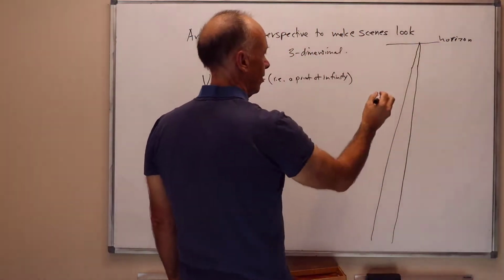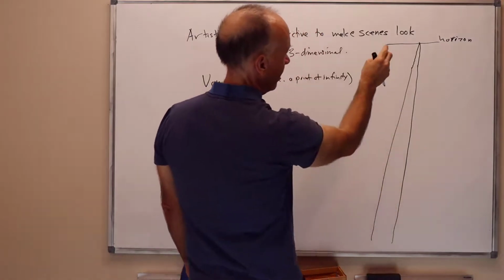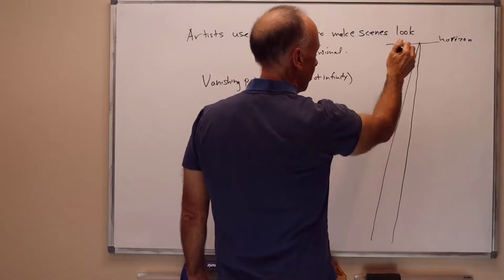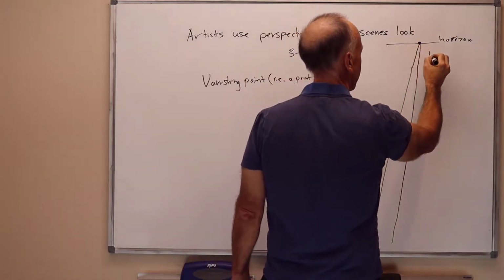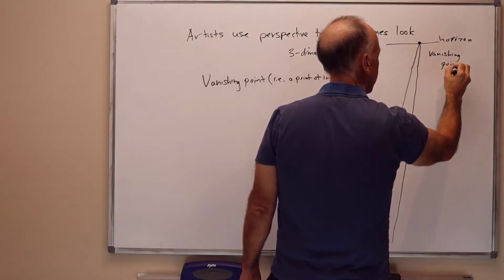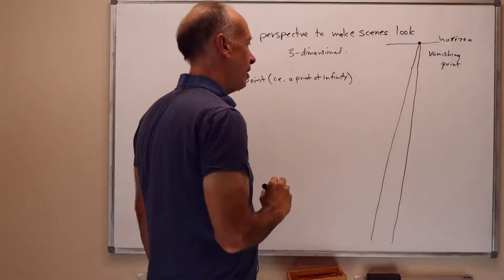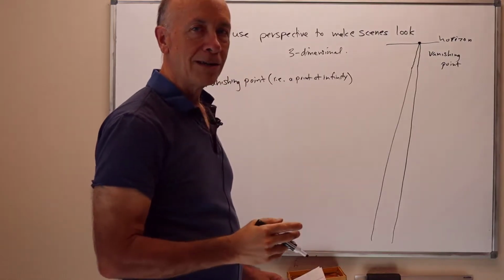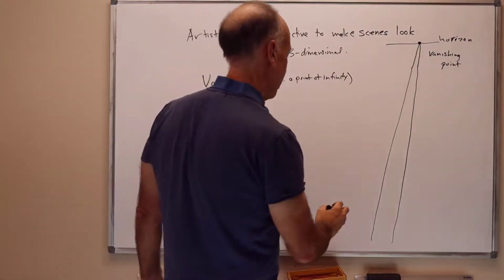So picture this long road, and looking down it, it looks like the perspective is that eventually it meets at some common point. And this is the so-called vanishing point. And then to make the perspective look correct, the artist has to ensure that every other line that's parallel to the sides of the road also points to the same vanishing point.